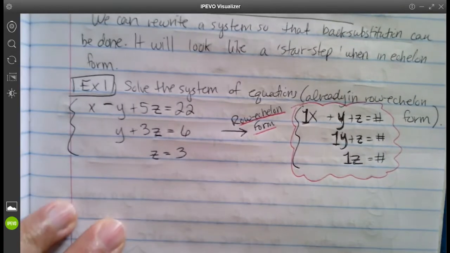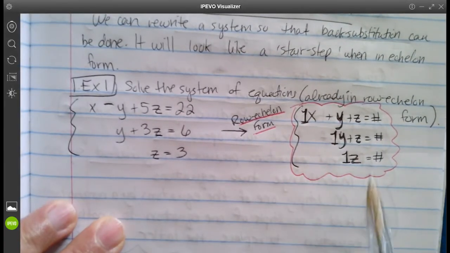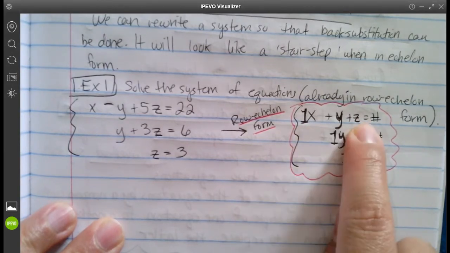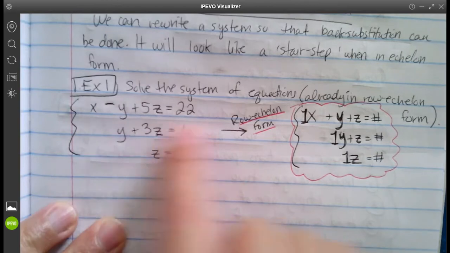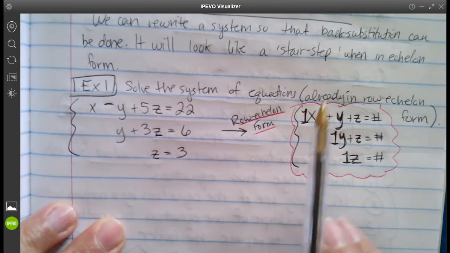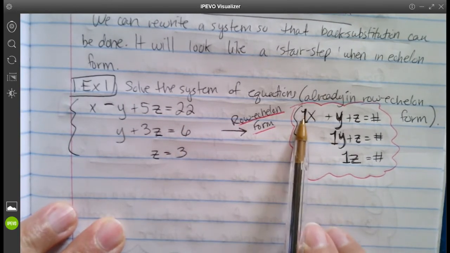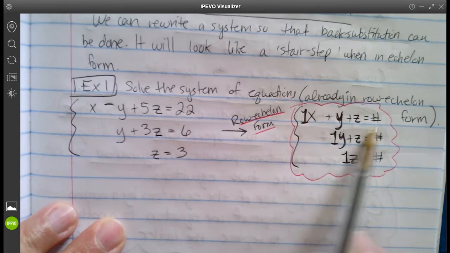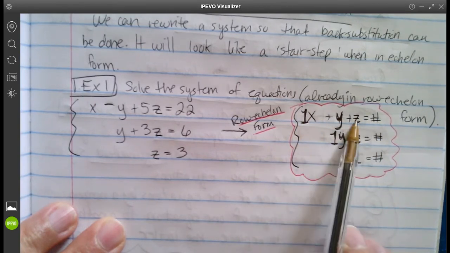I have a little diagram here. You're going to have x, y, z in your top column, if it's a 3 by 3, in other words, 3 variables, 3 equations. The first term, your x, will have a leading coefficient of 1. If that's done, then your first row is already in row echelon form.